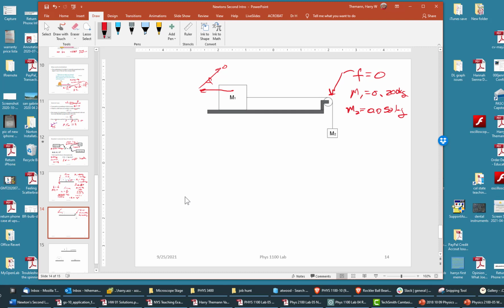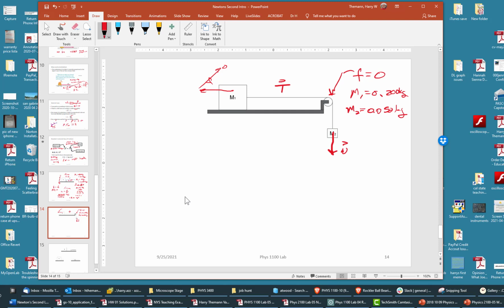So if we look at this, what's going on here? We're on a table, and we have to assume then we're on Earth. So there's going to be some weight vector here. And we also see that there's going to be some tension in this string, and we don't know what direction it's pointing.